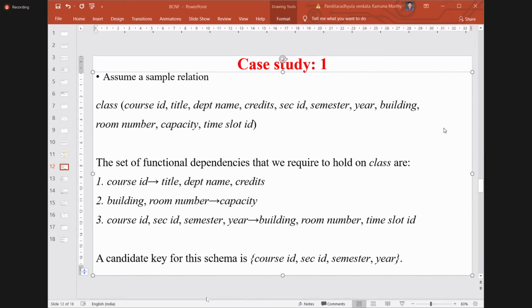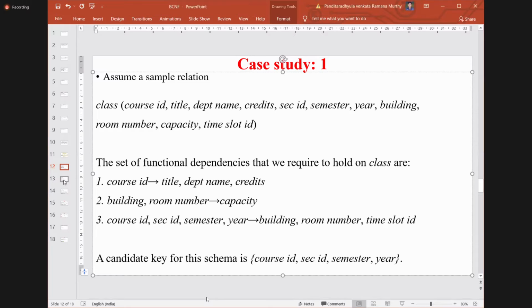Course ID, section ID, semester, year is a key. Then you can say all other non-key attributes depend on these attributes. Even you can declare the given table may be in the second normal form also. Then when we come to the BCNF, what is required? The key must be a super key. The key must be a super key. Otherwise, it is not going to be acceptable in the BCNF.